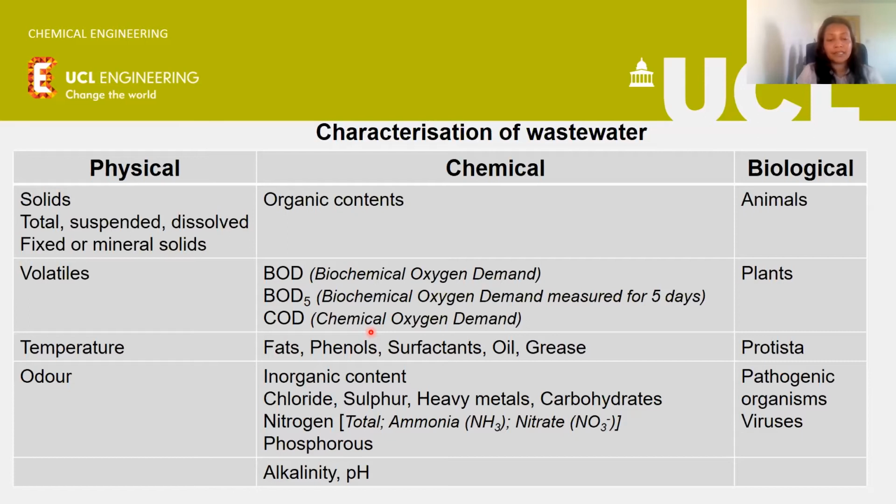You consider the alkalinity, the pH, and other attributes like chloride, sulfur, heavy metals, carbohydrates, nitrogen and phosphorus. These two are very important, and they're commonly used to characterize wastewater. Then there are other biological attributes, including the viral loading, and of course, any animals and plants present in the water that we are considering.